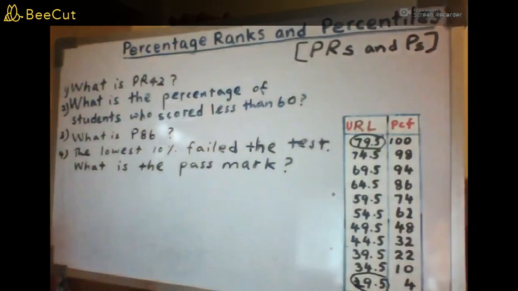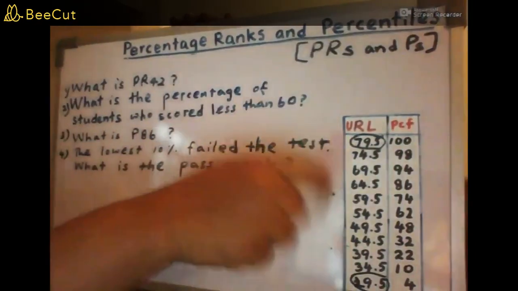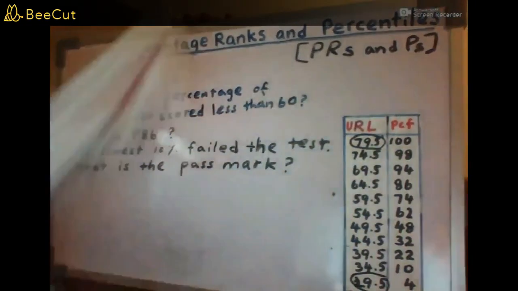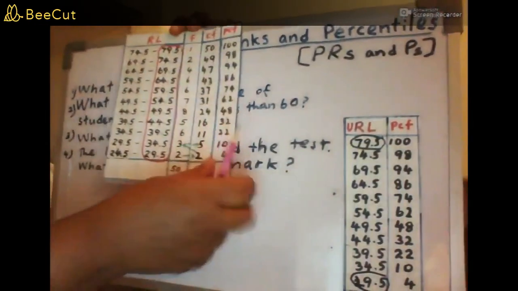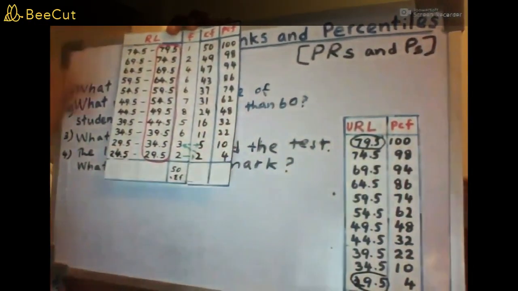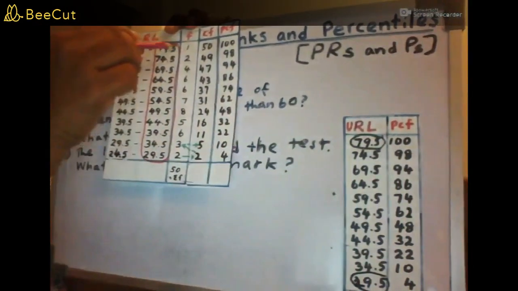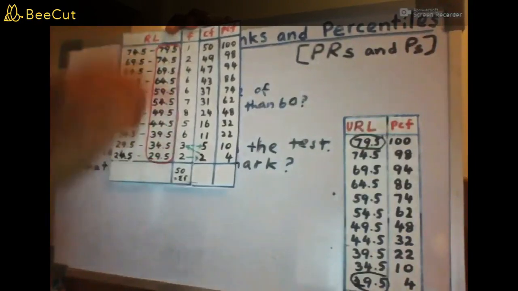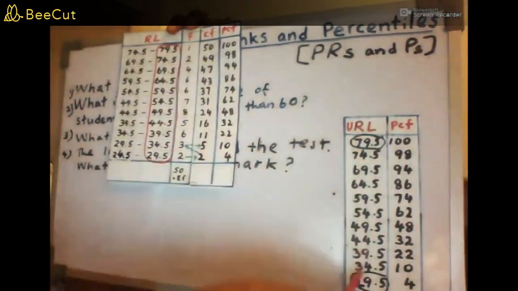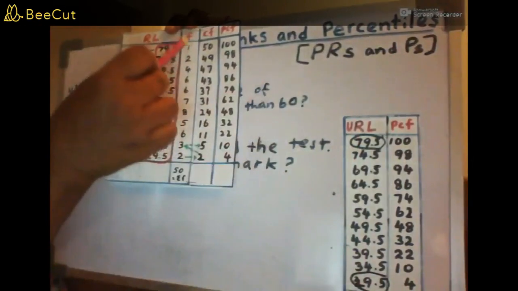I think you can remember how to get these upper real limits and PCFs. Here we have real limits and we take the upper real limits, and we have frequencies.